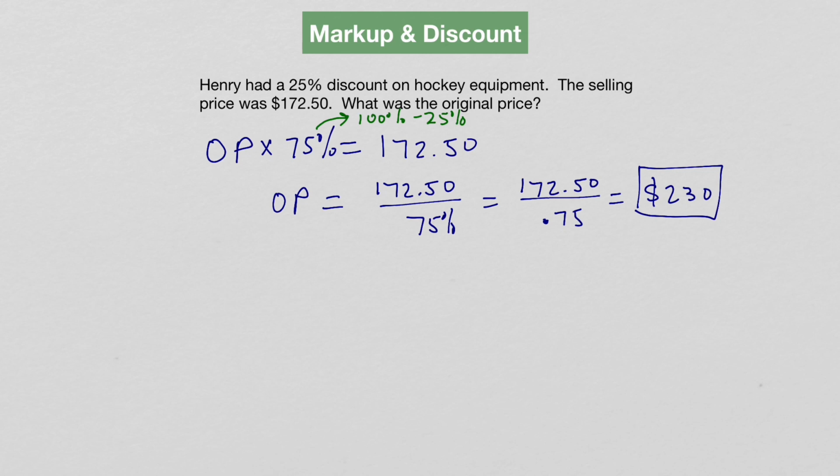And the reason it's 75% is because I'm receiving a 25% discount. That is the decrease. So the final result will be 75% of the original price. And that is why we set the equation up to be OP times 75%, which is equal to $172.50.